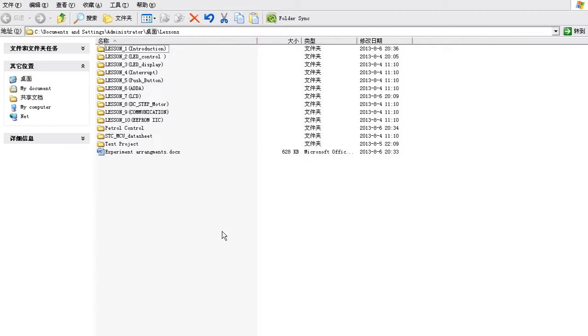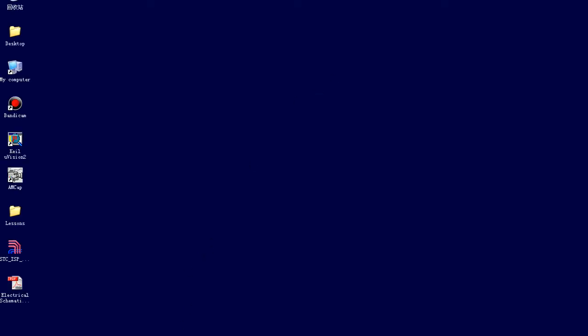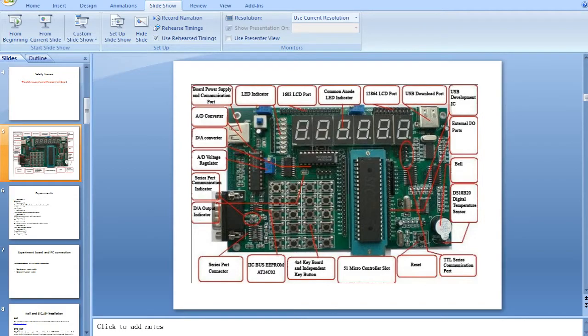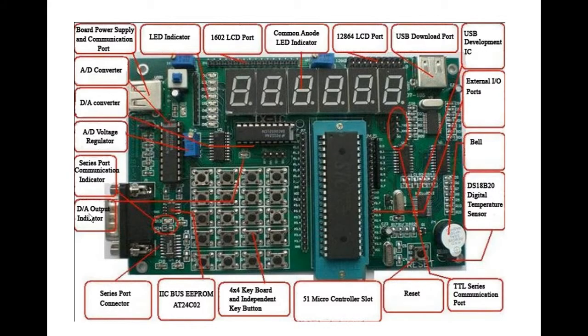I think if you are involved in microcontroller application for the first time, going back to the physical board and introducing the actual electrical components, you should have a clearer understanding of those 10 lessons.